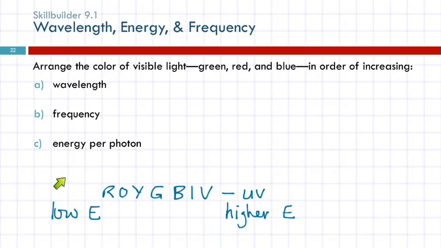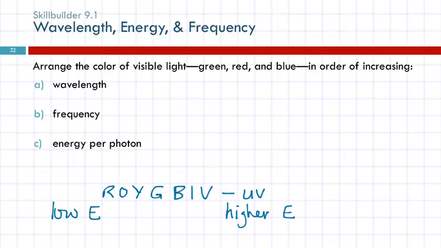So in terms of energy per photon, that is just energy per piece of light. You can ignore the whole per photon thing and just ask, is it higher or lower energy on this scale? Well, green, red, and blue, we want order of increasing. This is something that they apparently don't teach in school. Order of increasing means you put the smallest one first, and then the next biggest, and you end up with the largest.